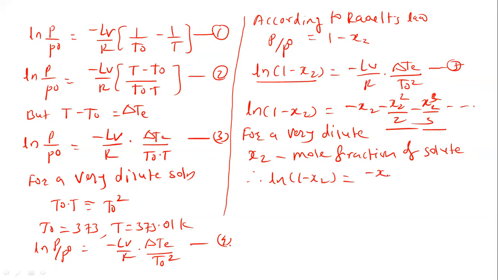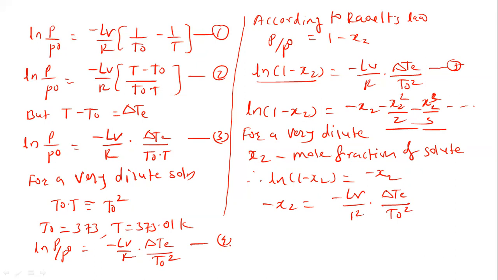Okay. So let us substitute this in this equation. On both sides, we can write minus x2 = -LV/R × delta TE/T0 square. Delta TE upon T0 square.